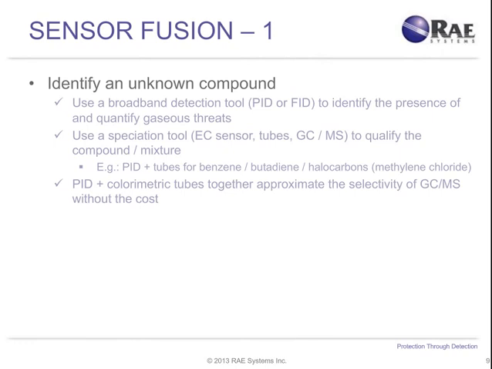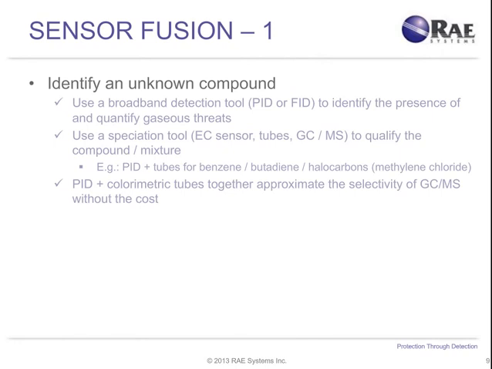So, for example, if you have a spill or a release at your facility, and you suspect that it could be methylene chloride, for example, or benzene, you can use a PID or a photoionization detector to make sure that there is something, or to find the source of a leak. And then you can use a specific tool, such as a benzene tube, to actually determine how much of a particular chemical is present in that release, right?